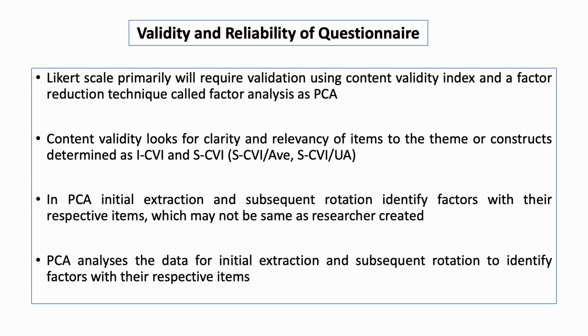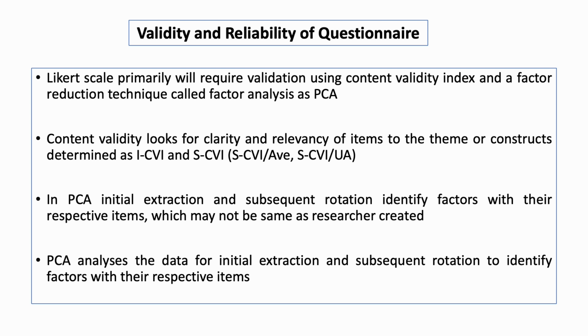For the content validity, we look for the content validity index as the experts' opinions come on the relevance and clarity of the items to the theme or the construct, determined as the individual CVI, or individual content validity index, and the other would be the SCVI.